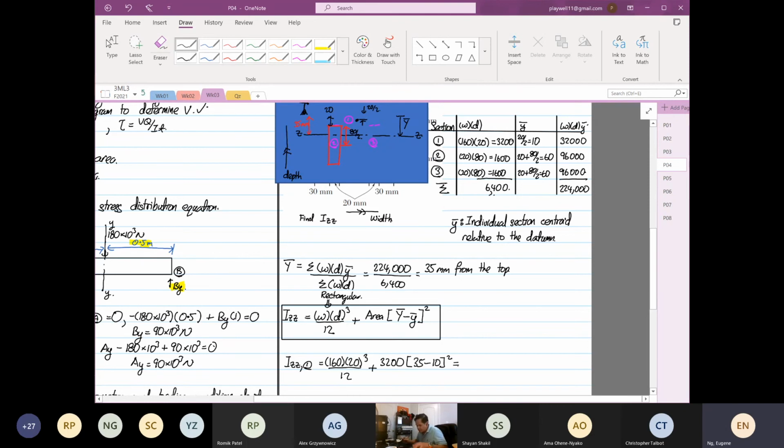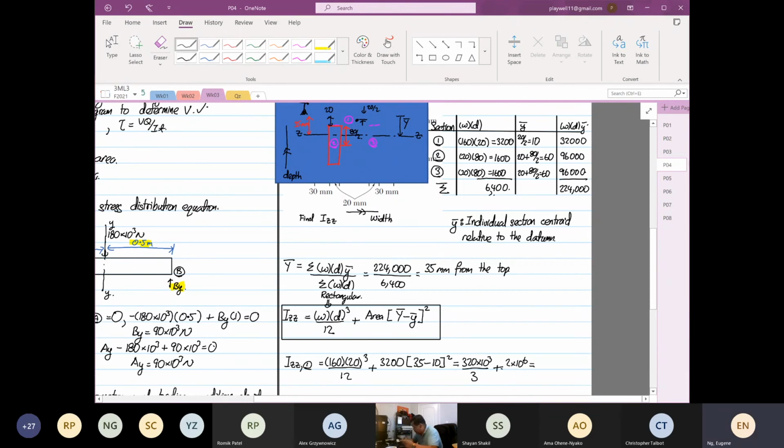So this will be equal to 160 times 20 to the power 3 divided by 12, which is 320 times 10 to the power 3 divided by 3, plus 35 minus 10 squared times 3200, which is 2 times 10 to the power 6.